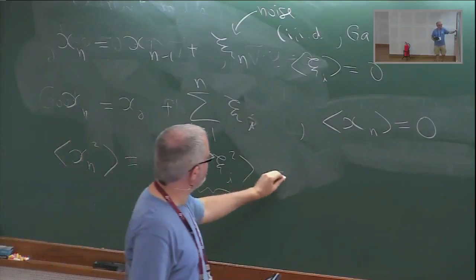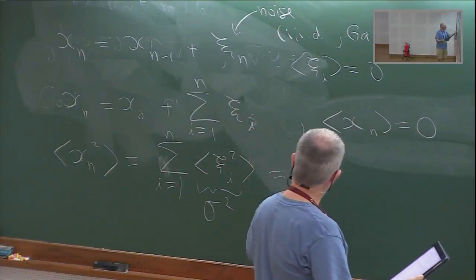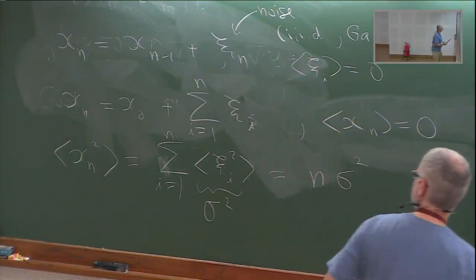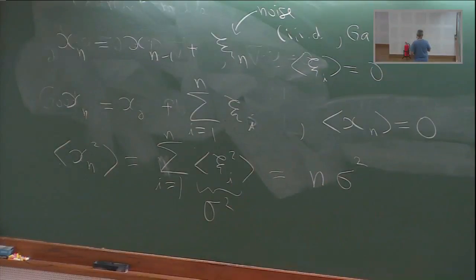And I've got n of them, and they're all identical, so I can write them just as n times sigma squared. Okay? So again, that's the mean squared displacement of my particle after n steps of whatever process this is.